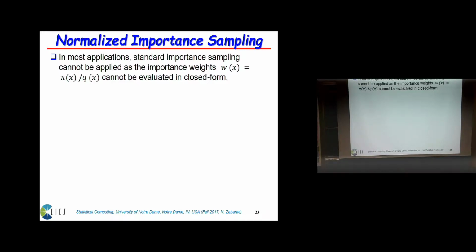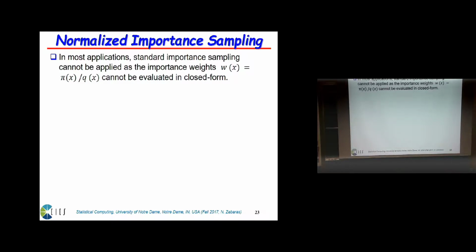Basically we know pi only up to a normalization factor, and let's assume for now the same is true with q, even though we choose q, so it would make sense for q to be an easy distribution that is normalized. But let's say pi is not normalized. Will this method work? What do you think? If pi is not normalized, we don't know the normalization factor. Can we make this work?